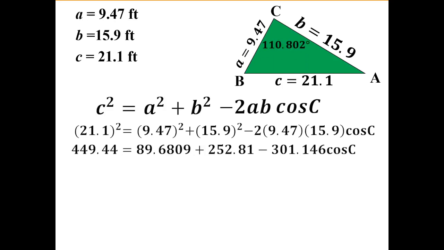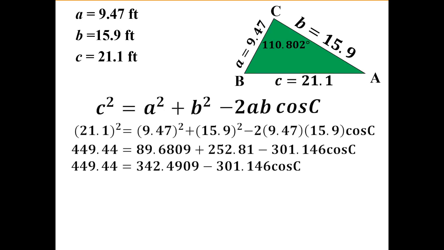21.1 squared is 449.44. 9.47 squared is 89.6809. 15.9 squared is 252.81, and 2 multiplied by 9.47 multiplied by 15.9 is 301.146.